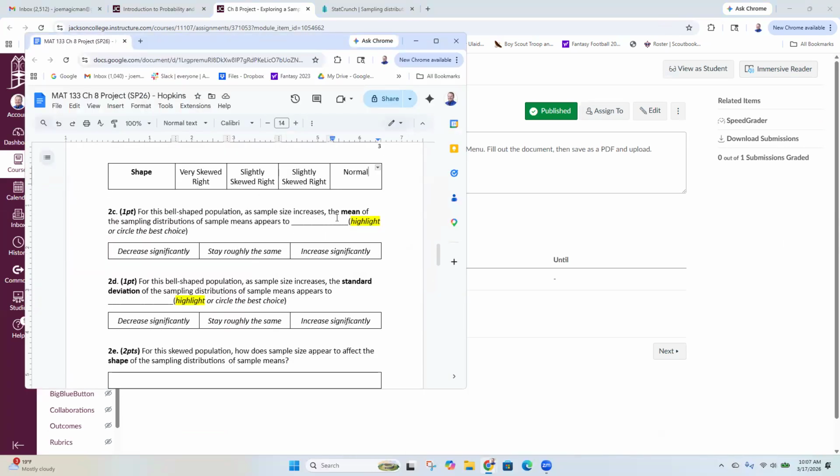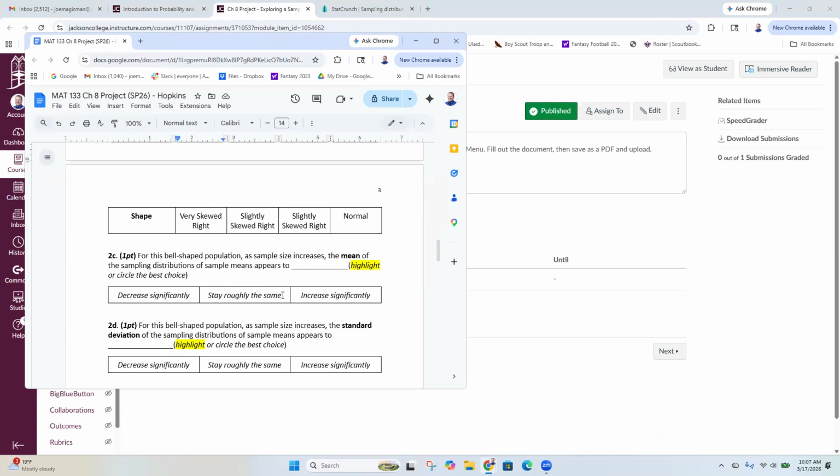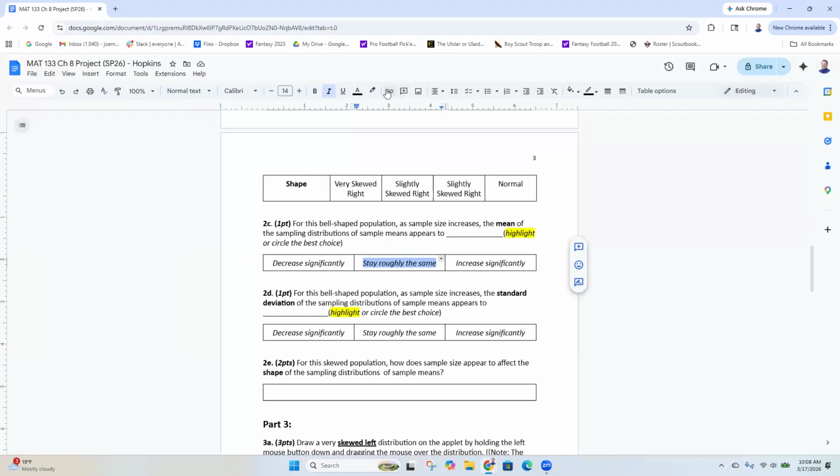For this bell-shaped population, as the sample size increases, what happens to our means? So my means were at 12.7, 12.9, 12.99, 13. Those stay roughly the same. Where's my green? For this bell-shaped, oh wait, it's not bell-shaped anymore.